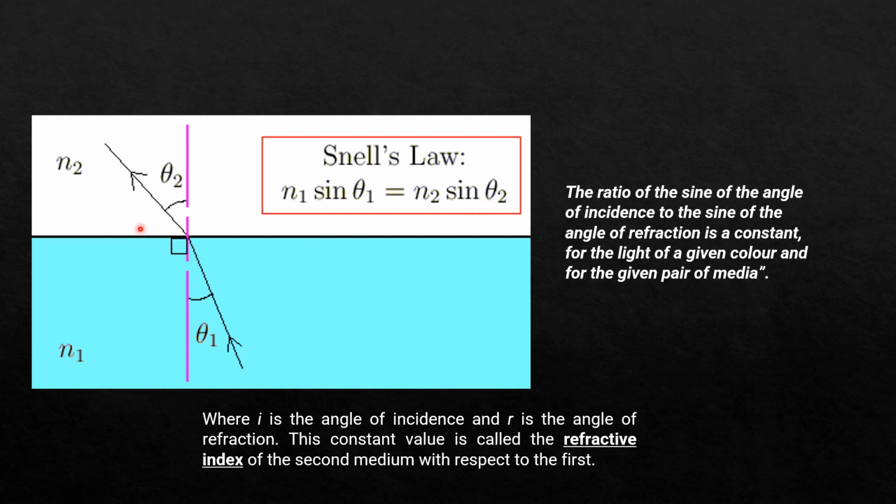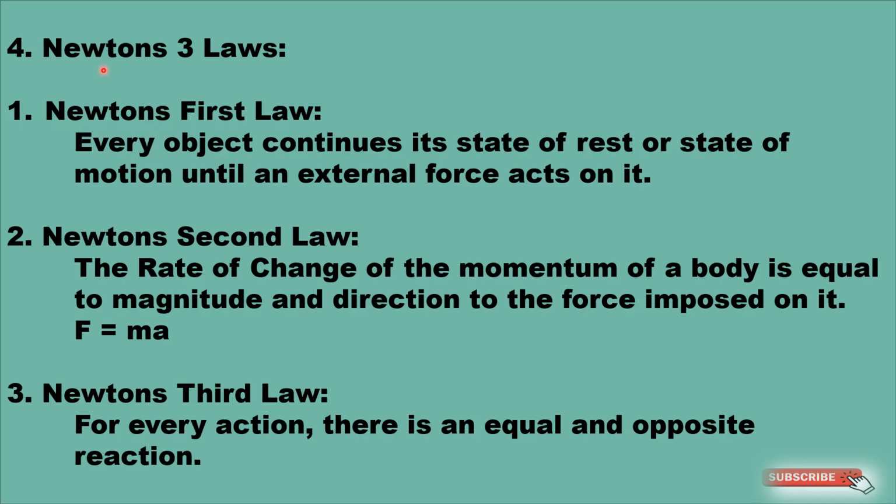Where this is called i, i is the angle of incidence and r is the angle of refraction. This constant value is called the refractive index. This constant value is called the refractive index of the second medium with respect to the first one.